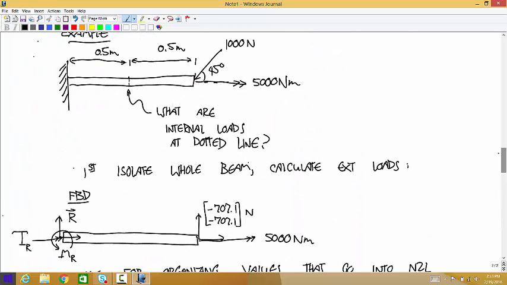Is that positive or negative? That 5,000 Newton meter couple? Yep, because it follows the right-hand rule. And so if this is the x-axis, I guess I'll draw out the coordinate system. So I'm thinking of this coordinate system.